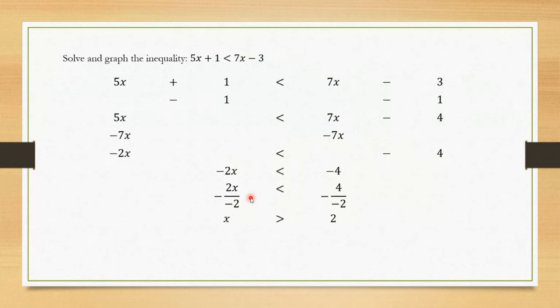Doing so, as you can see, the negative 2 and negative 2 cancel. We're left with x. We flip the inequality so it's facing the other way, and negative 4 over negative 2 is 2. So in this case, our solution set is all x greater than 2.